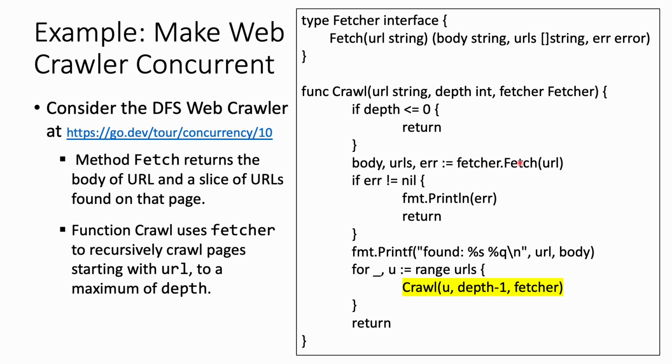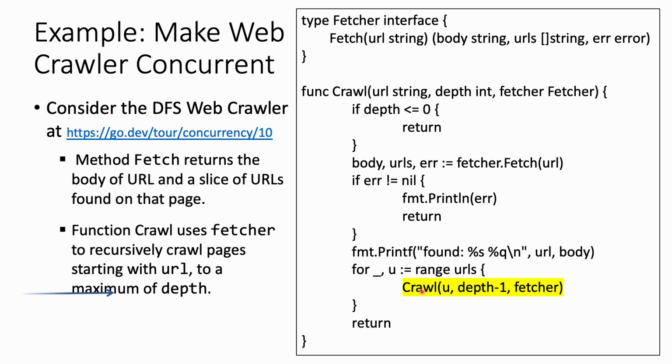First, it explores the starting URL by calling method Fetch of the fetcher. Then for each URL linked from the starting URL, it calls function crawl again to crawl from that URL with one level lower in the depth.